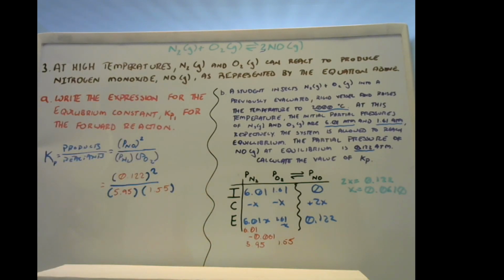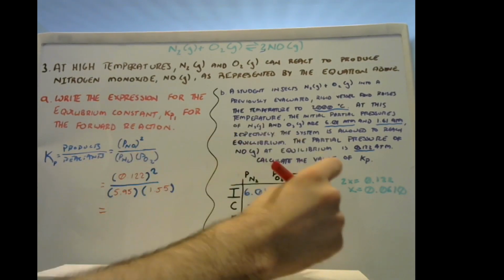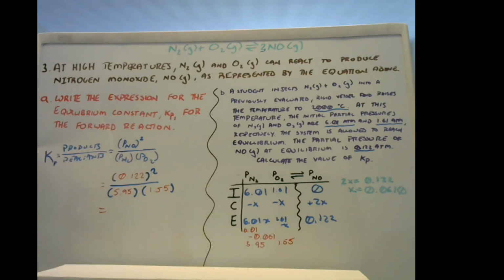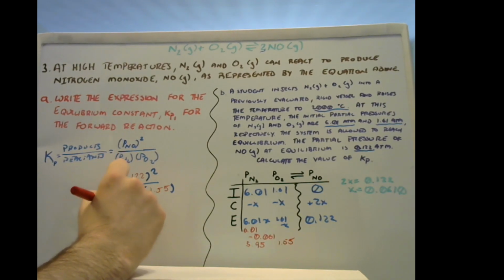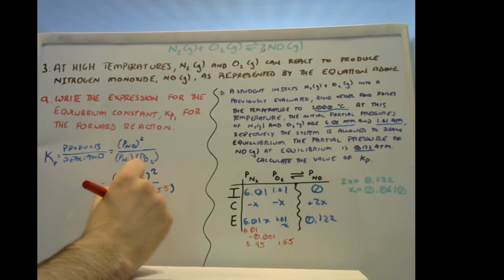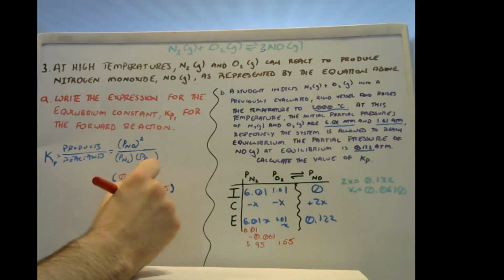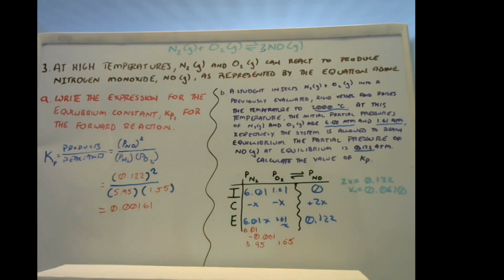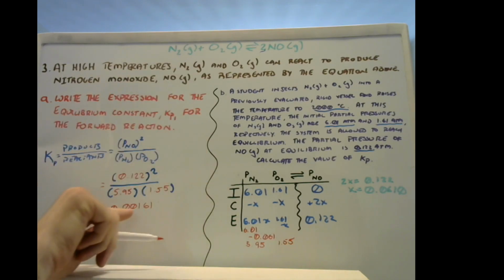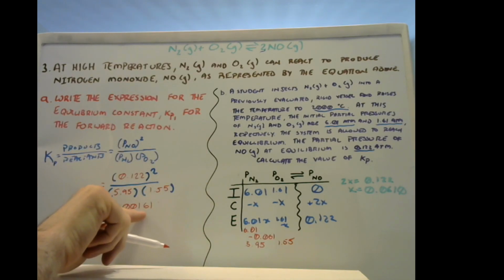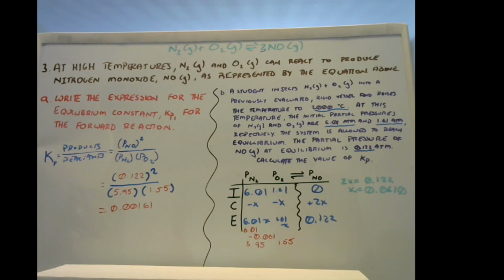Which gives me an answer for B of 0.00161. And that's it. K doesn't have a unit. So your answer to B is 0.00161.